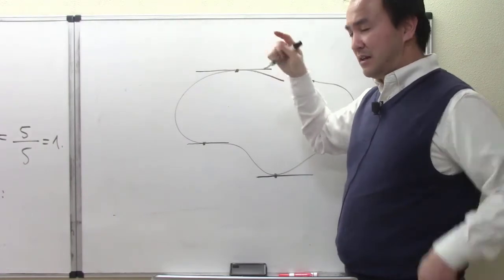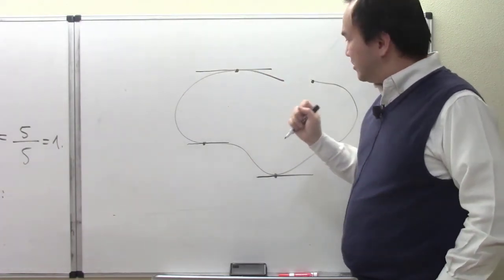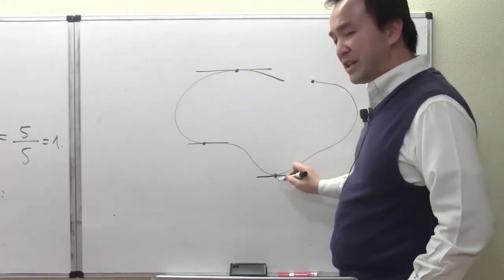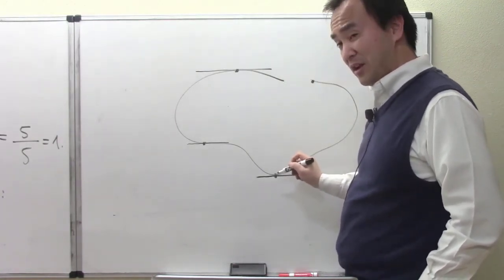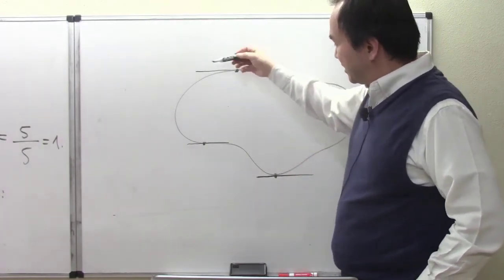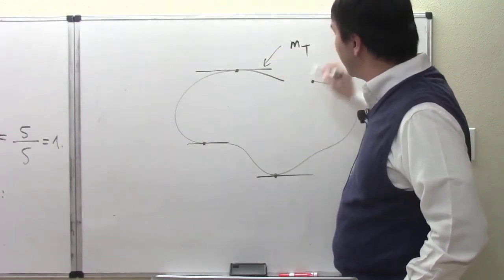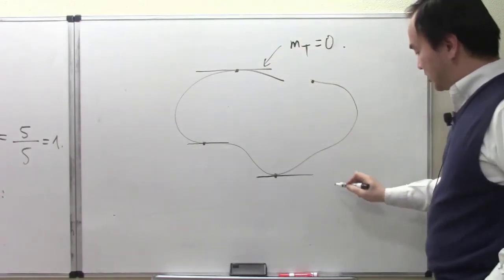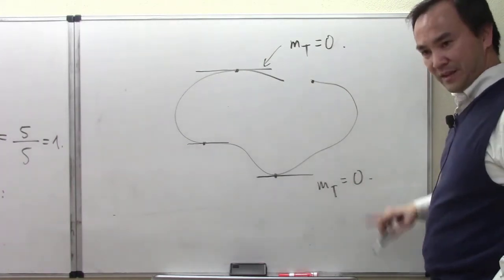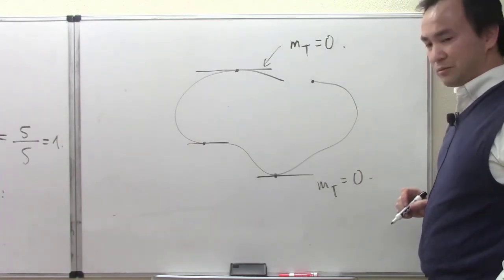The bigger thing you need to understand is that a horizontal tangent line means the slope of the tangent line here has to equal 0. And the slope of this tangent line here has to equal 0.